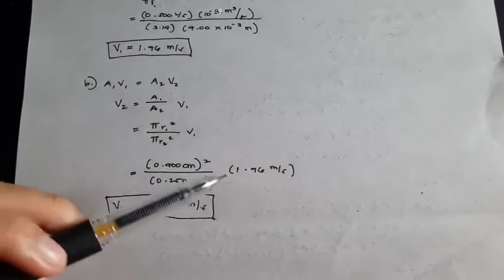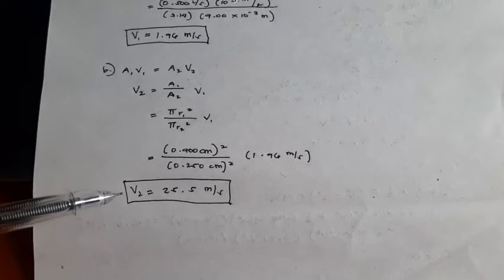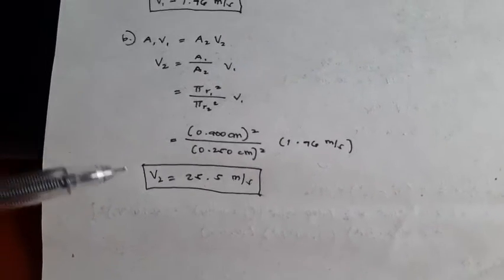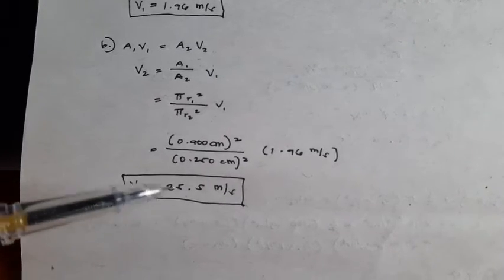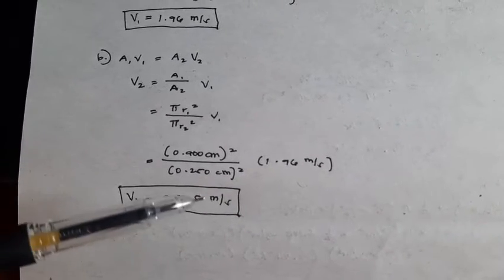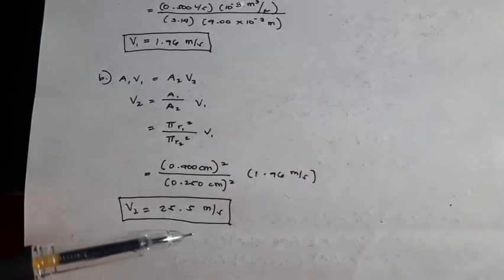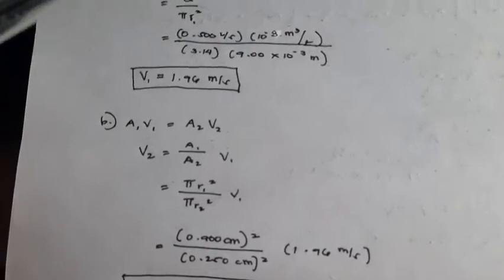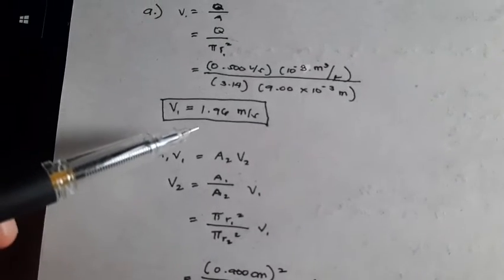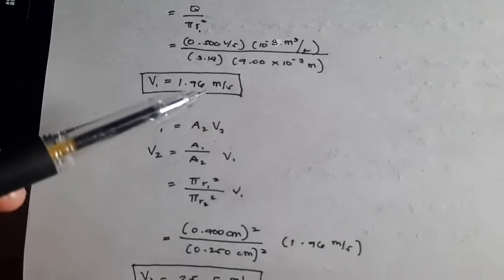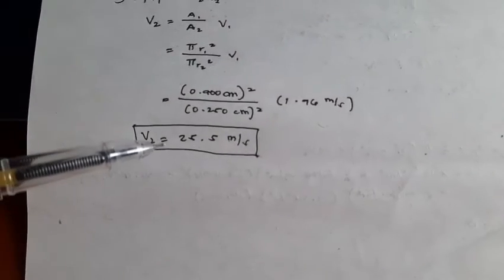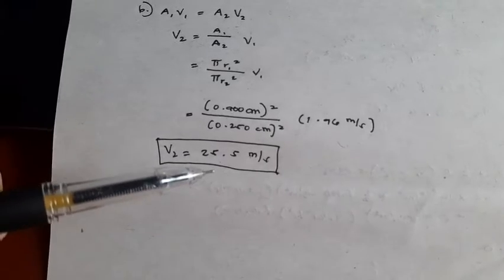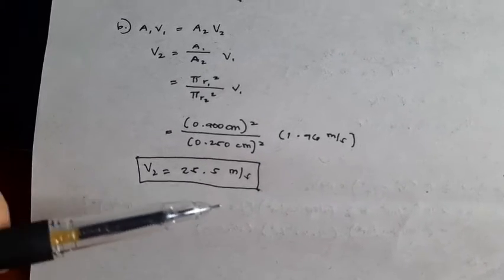Dayon, kung i-simplify, therefore, our V2 or the speed of the water in the nozzle is equal to 25.5 meter per second. So, ang speed of the water in the hose, 1.96 meter per second. Dayon ang speed of the water in the nozzle, 25.5 meter per second.